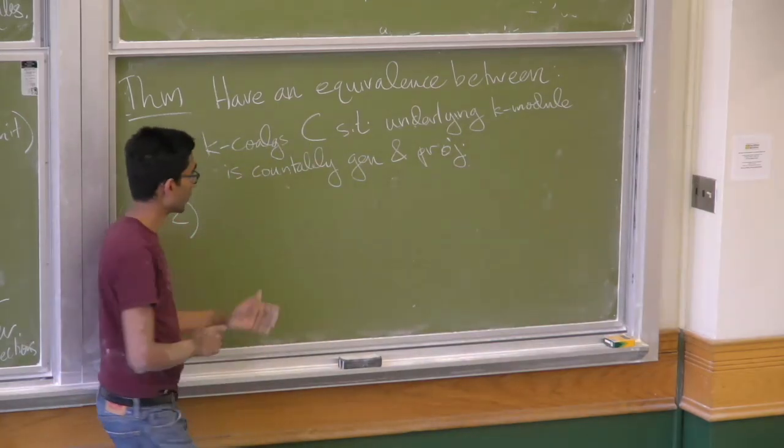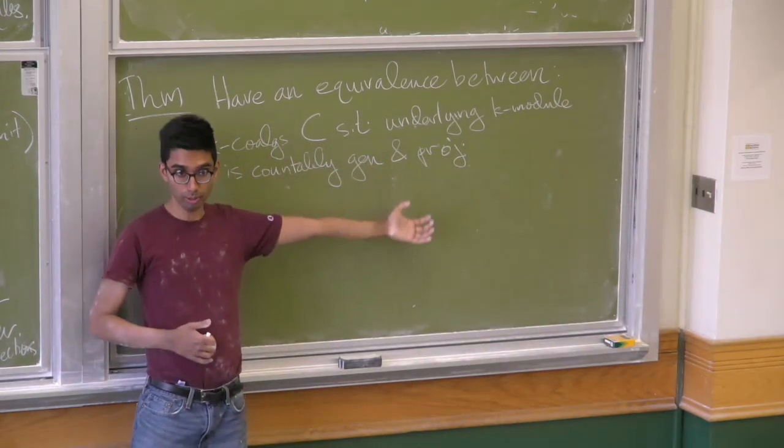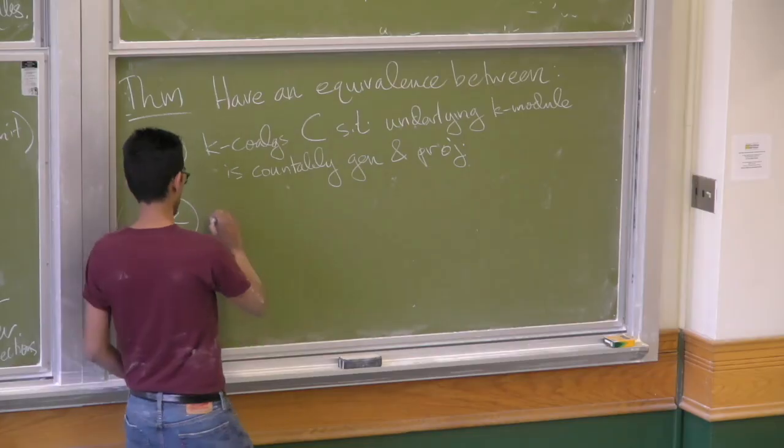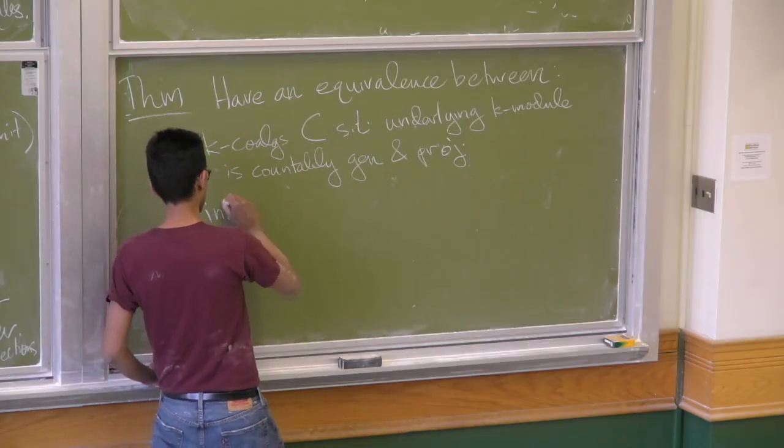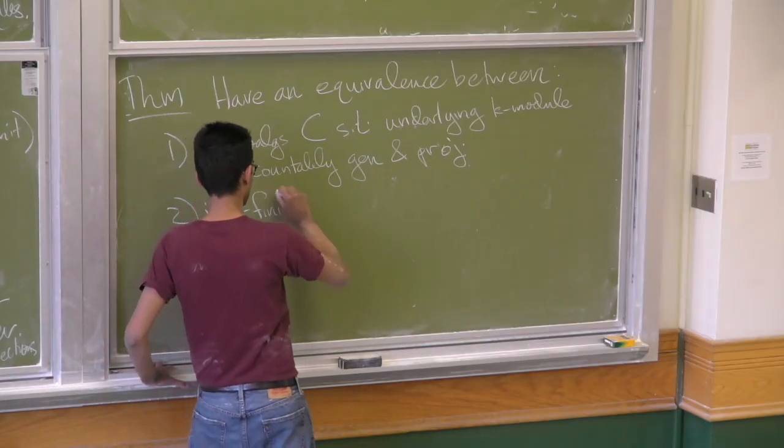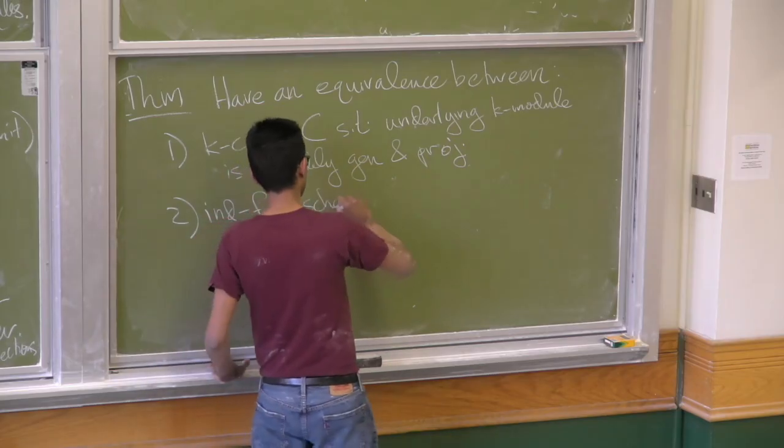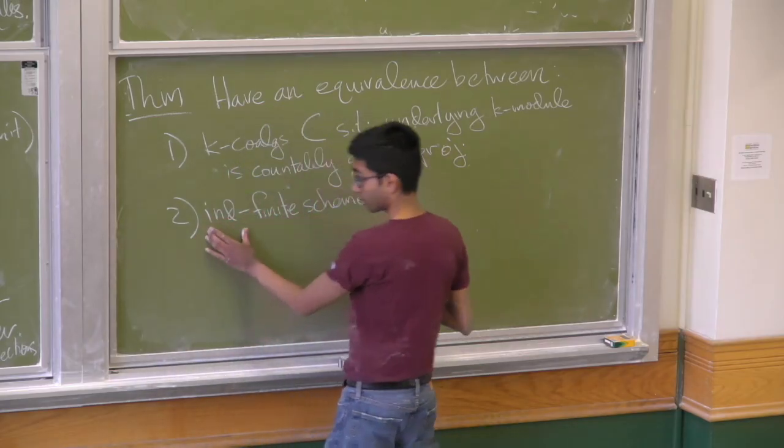And two is going to be a certain class of ind-schemes. So let's say ind-affine schemes, which are, again, going to be sequential.